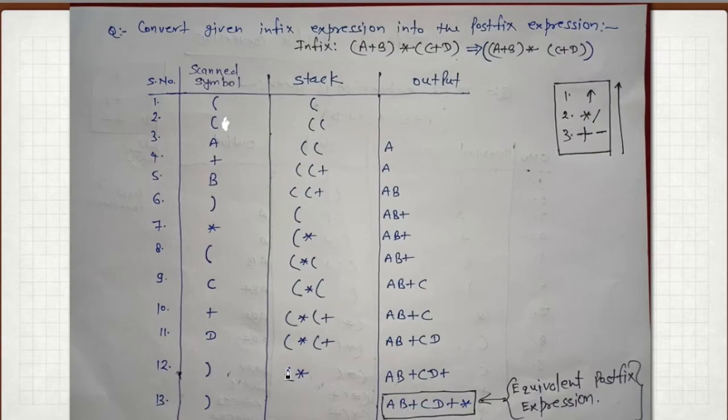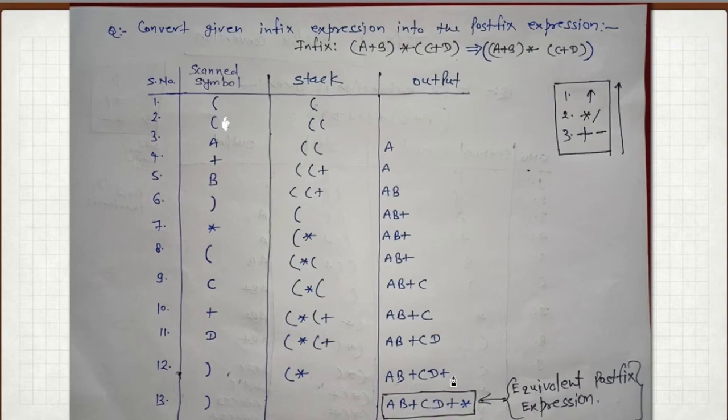When you insert it here, whatever operators are inside the right parenthesis and left parenthesis will be popped from here and pasted here into the output column. Right? And you have to remove this one left parenthesis also. Right? When a right parenthesis occurs, by using this right parenthesis, this is complete.